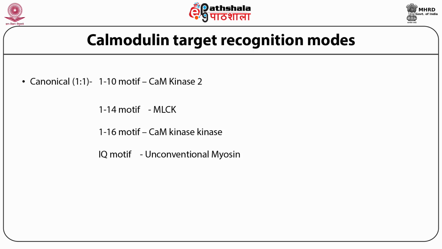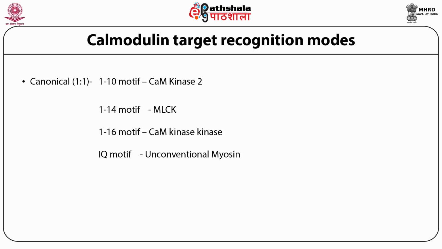Now the central helix is melted, so it can reach different lengths. In the case of the 1-14 motif, it binds to the first and 14th residues. It can also bind to the 1-16 motif, where the first and 16th residues are hydrophobic.